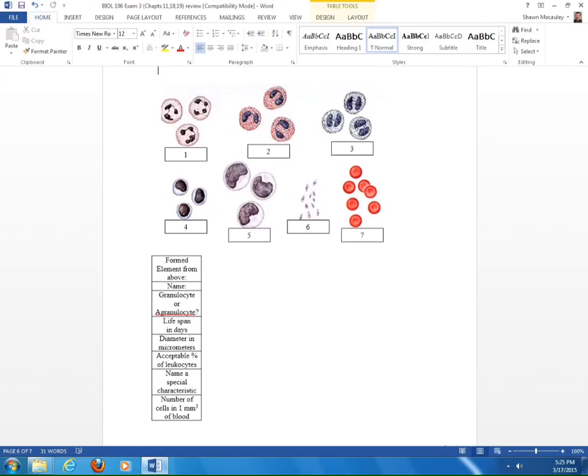Percentage. What percentage of your white blood cells should be neutrophils? Anybody have their PowerPoints in front of them? I think it's kind of hidden.